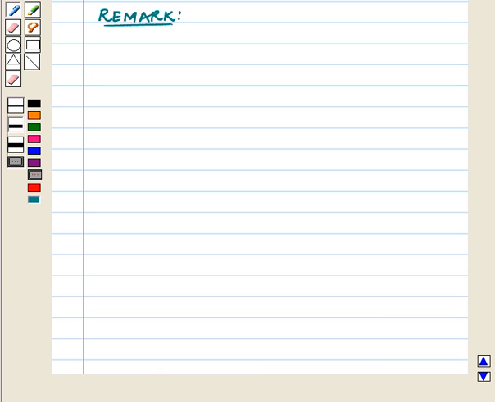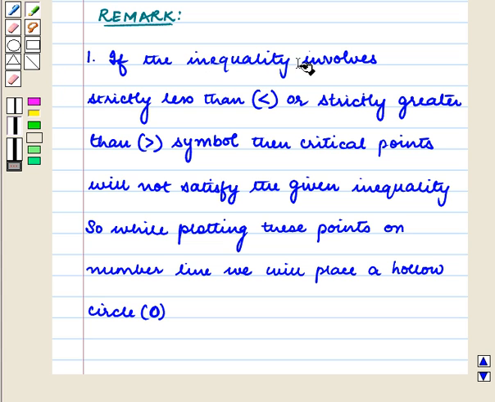Before we proceed further, we shall note some important points regarding nonlinear inequalities. First, if the inequality involves a strictly less than or strictly greater than symbol, then the critical points will not satisfy the given inequality. So, while plotting these points on the number line, we will place a hollow circle.